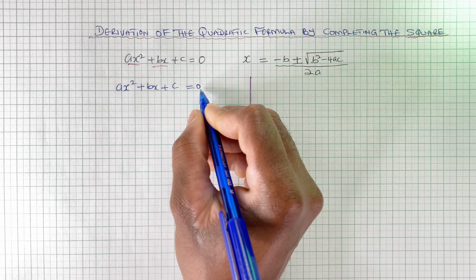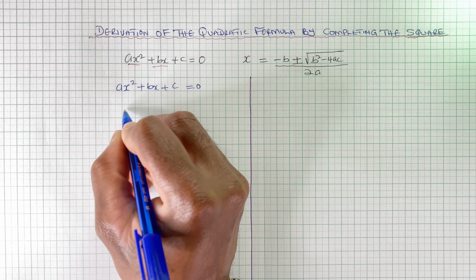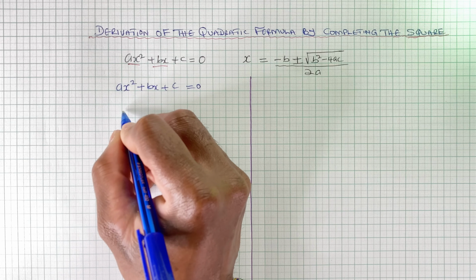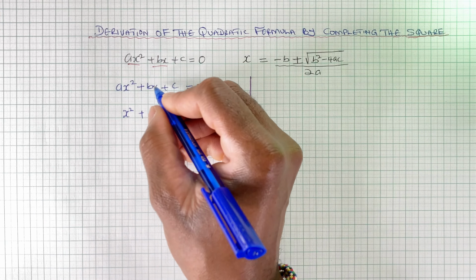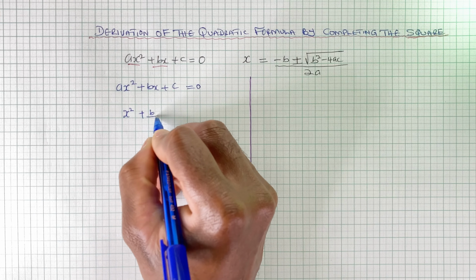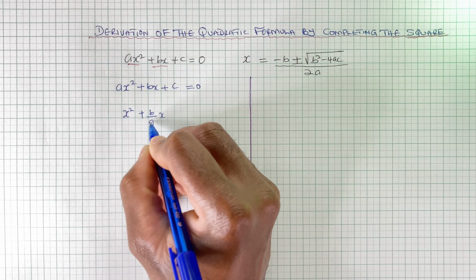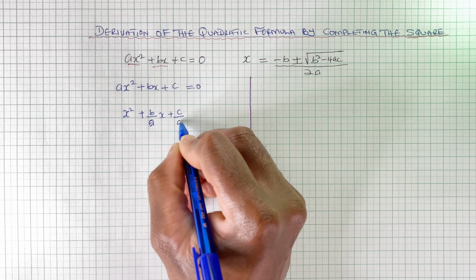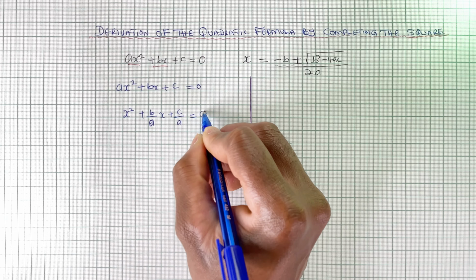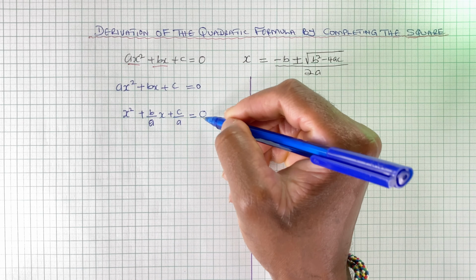In this case there's an equal sign, so I divide by a, and I get x squared plus b over a x plus c over a equal to 0. 0 over a is 0.